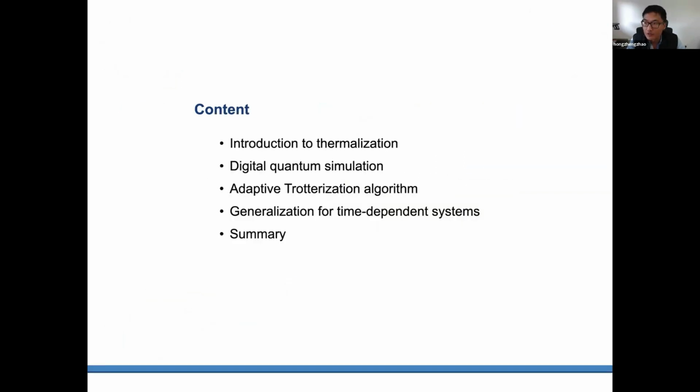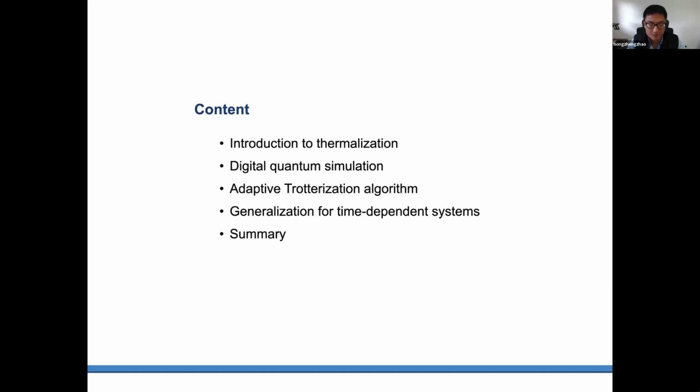Today my talk can be roughly divided into a few sections. At the very beginning, I will give a brief introduction to thermalization, and I know there are lots of experts on this topic in the audience. Then I will move on to digital quantum simulation, and especially briefly introduce Trotterization as well.